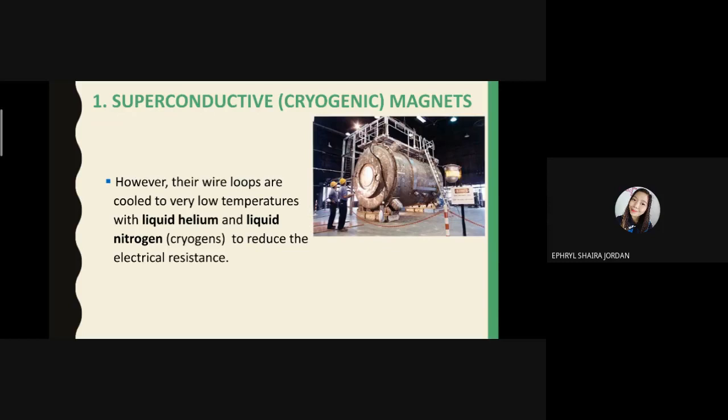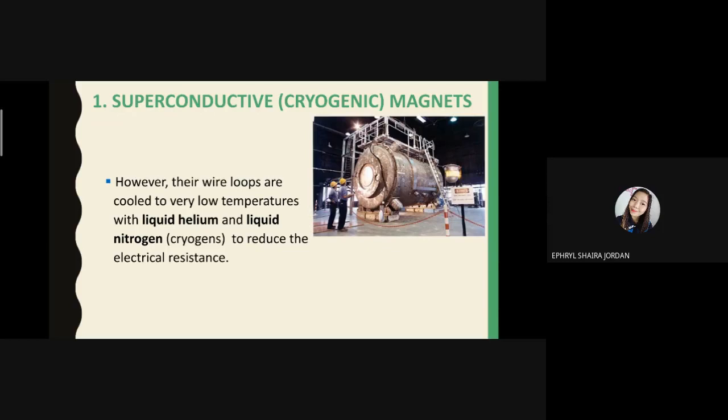Since the resistance in the wires of the magnet will cause the current to decay over time, here comes the principle of superconductivity. This is why it's called a superconductive magnet. The principle of superconductivity was discovered in 1911. This phenomenon is a state in which the resistance in a conductor goes to zero at very low temperatures.